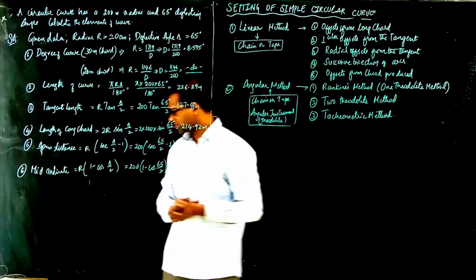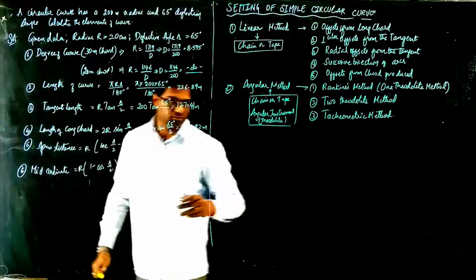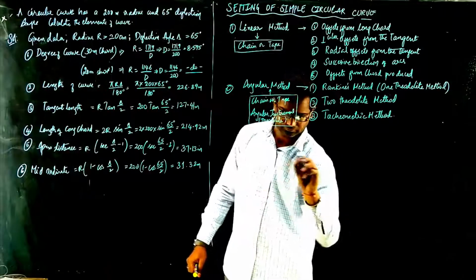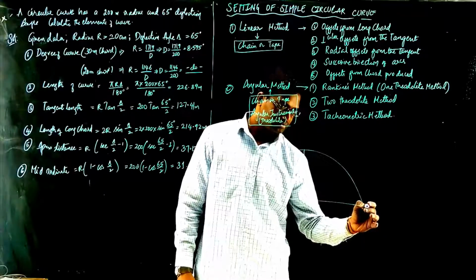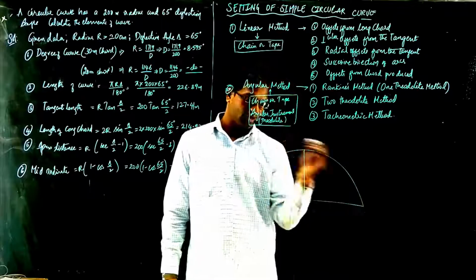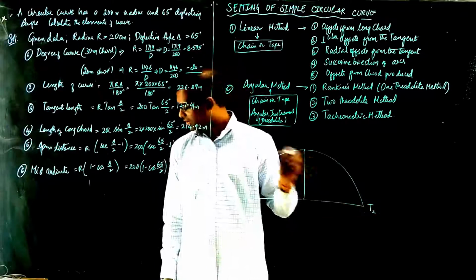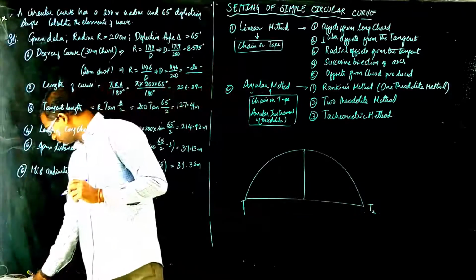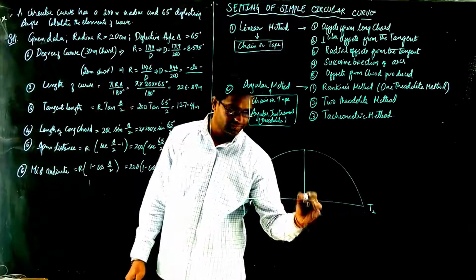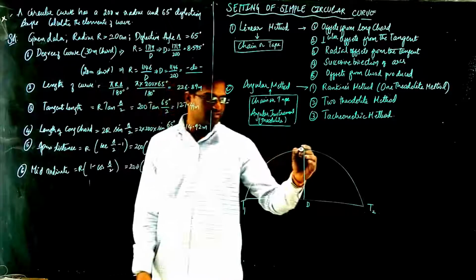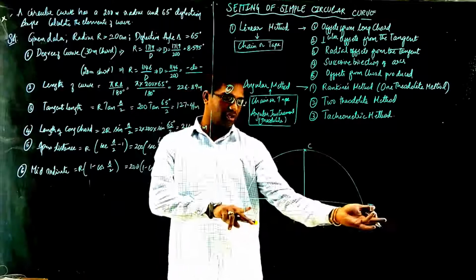The first is offsets from long chord. So we have a curve, I'll draw it. If you have a curve, I have marked T1, T2, and this I have designated as D, and this as C. And this is called the long chord.